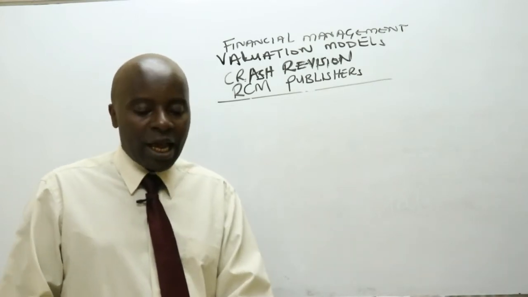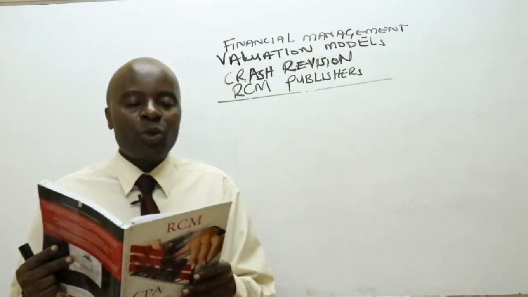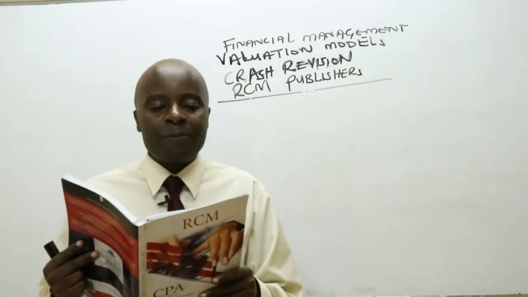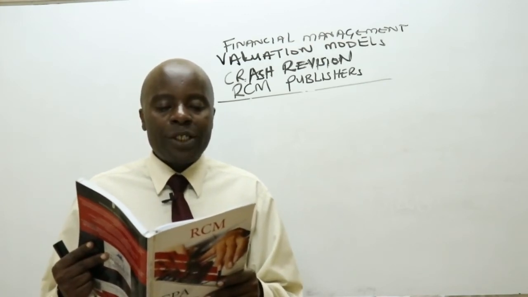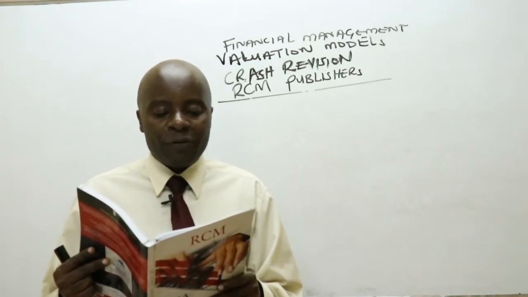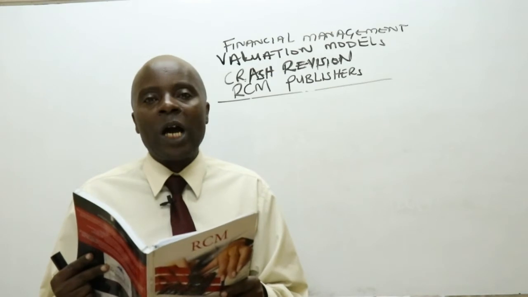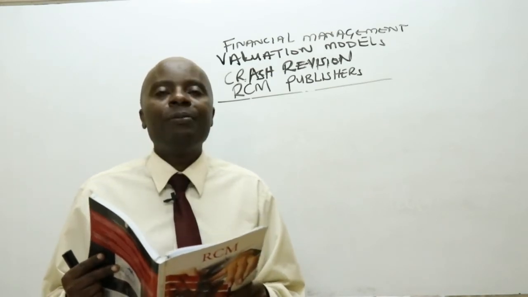So today, I would want us to look at valuation models, and specifically, I would want us to go to November CPA Section 3, Financial Management, November 2018, question number 5. Question number 5 is about how do we value debentures? How do we value bonds?